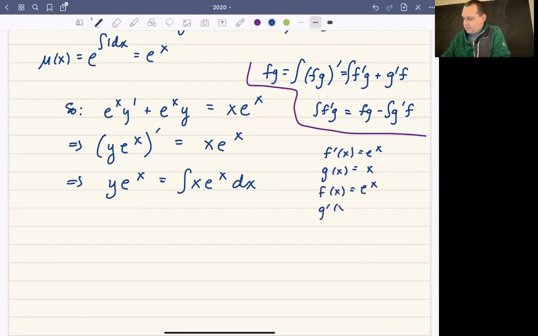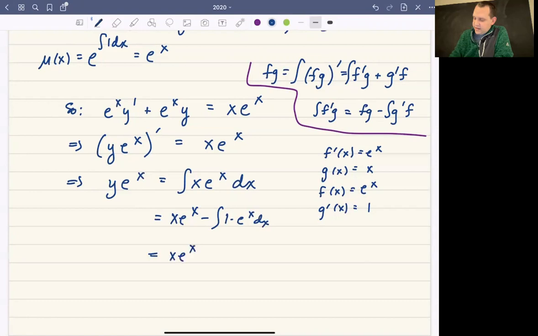And g prime is 1, of course. So this is going to be f times g minus the integral of g prime times f, so 1 times e to the x. This all works out to x e to the x minus e to the x plus c when we integrate.